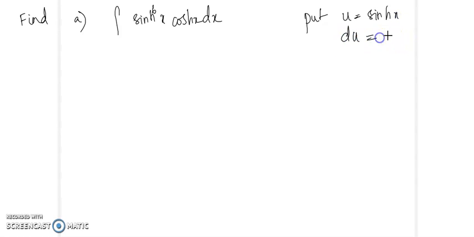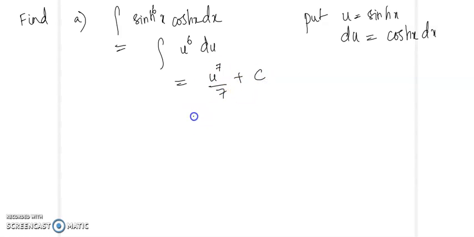So du will be cosh x dx. By substitution, this will be the integral of u raised to 6 du. So you get u raised to 7 by 7 plus c. That is sinh raised to 7 x by 7 plus c.